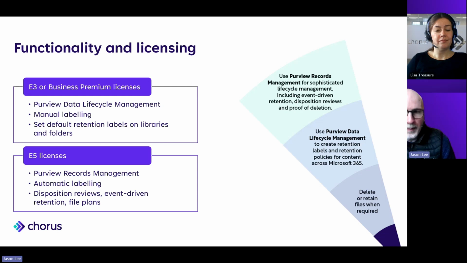In terms of the functionality and licensing here, the E3 or Business Premium licenses get you the Data Lifecycle Management solution. So this gives you manual retention labels. So you publish retention labels to particular locations, users apply them manually to files or to emails.